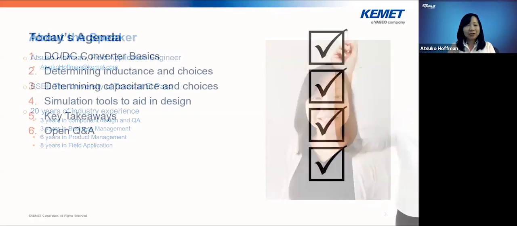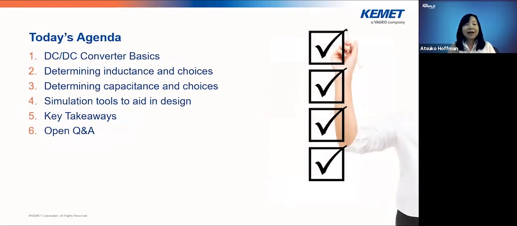With that, let's move on to today's agenda. We are going to cover DC to DC converter basics that includes a buck converter and a boost converter. And then we go through how the inductance is determined in DC to DC converter circuits and the different inductor choices. We do the same for capacitors. We go through how the capacitance is determined and the different capacitor technology options.